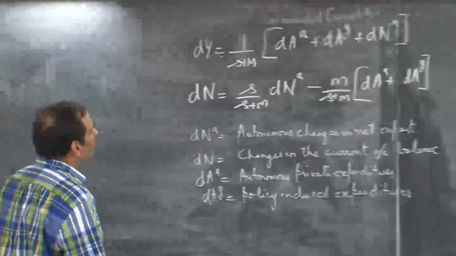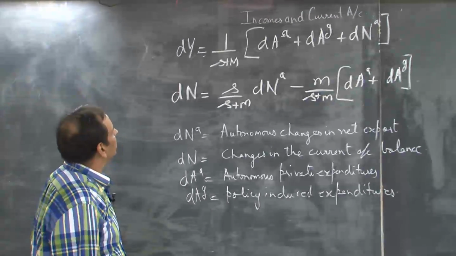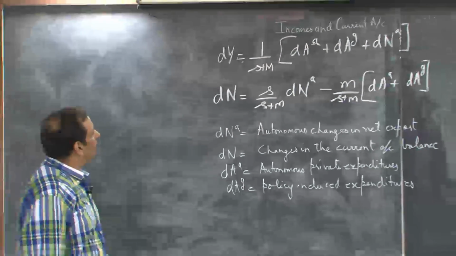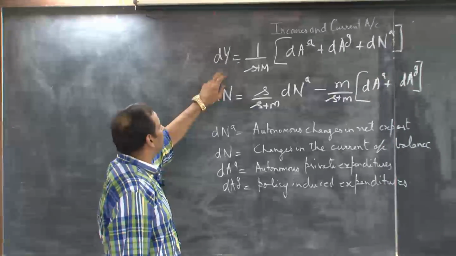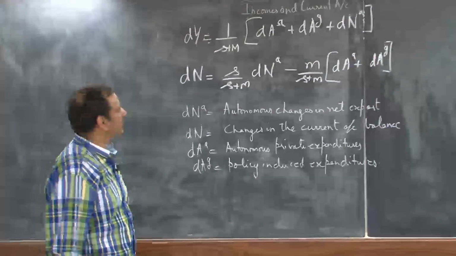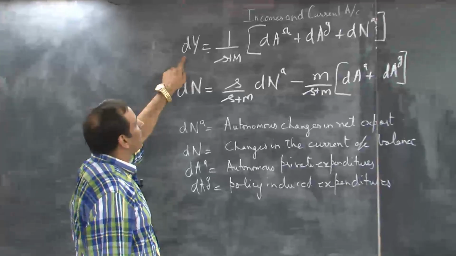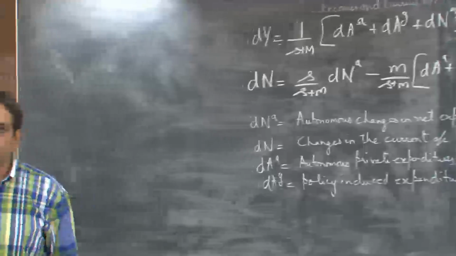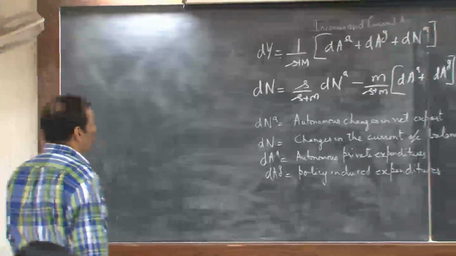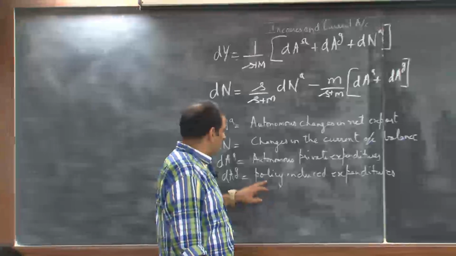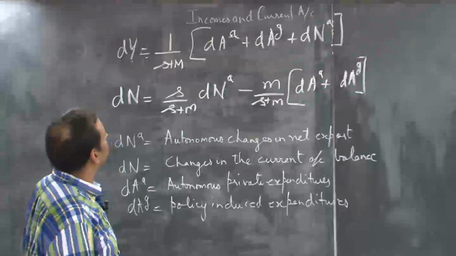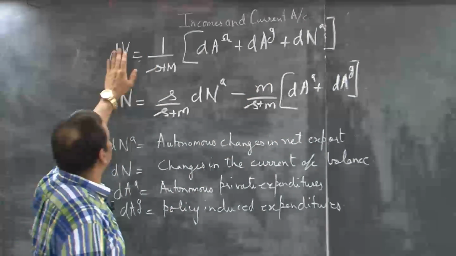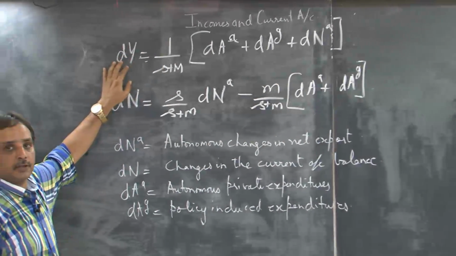These two equations tell us about the impact of the expenditures on the changes in the income and on the current account balance. So, if you see the first equation, if there is a change in the expenditures, be it the autonomous private expenditures or policy induced expenditures, or the autonomous changes in net exports, it tends to have an impact on the incomes.